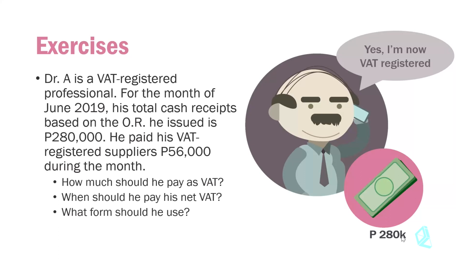Sorry, the first question asks for the net VAT payment. So you need to compute for the output VAT as well as the input VAT and get the net VAT payable.